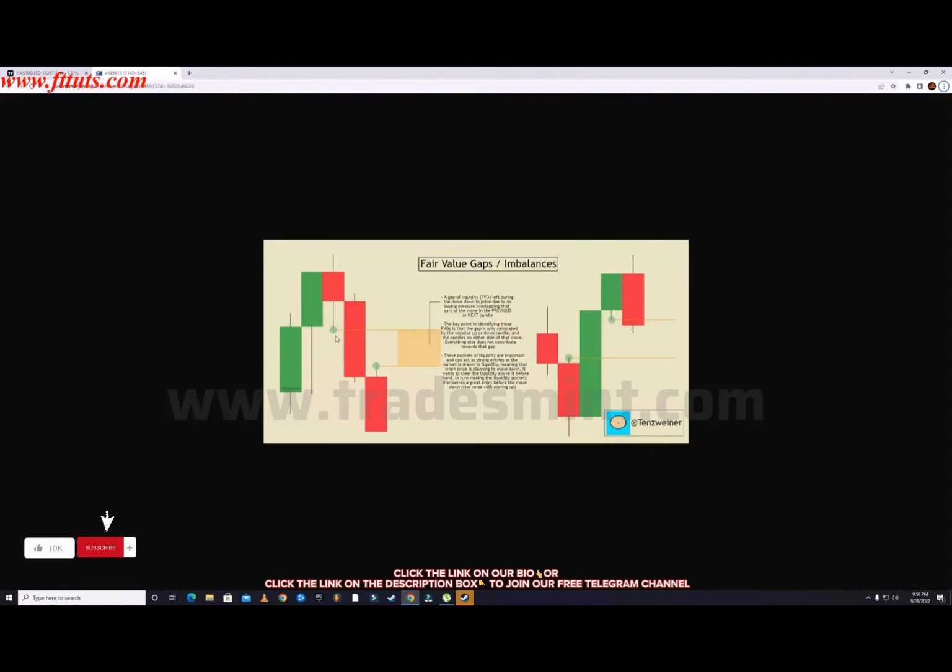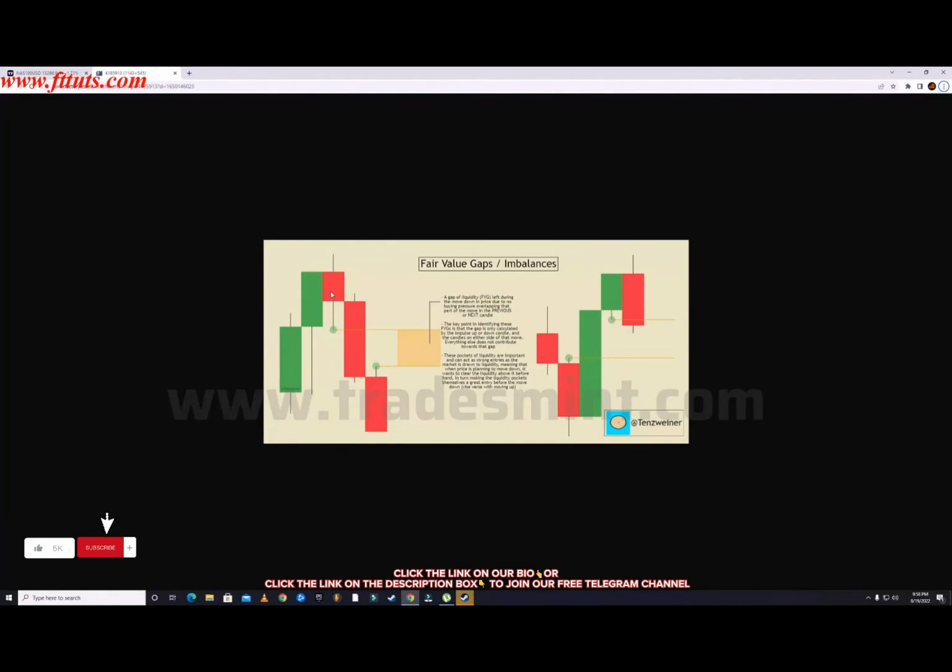I will repeat. You can see that price went up and then we had three candles. So this is like a three candle pattern, you could say. You can see 1, 2, 3, three candles, and in between those three candles there should be a gap. So how do we determine a gap? If we are looking at a short position, we look from the first candle.